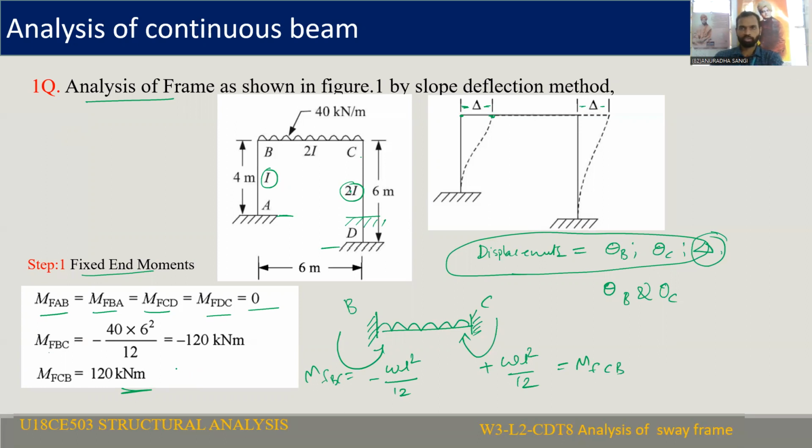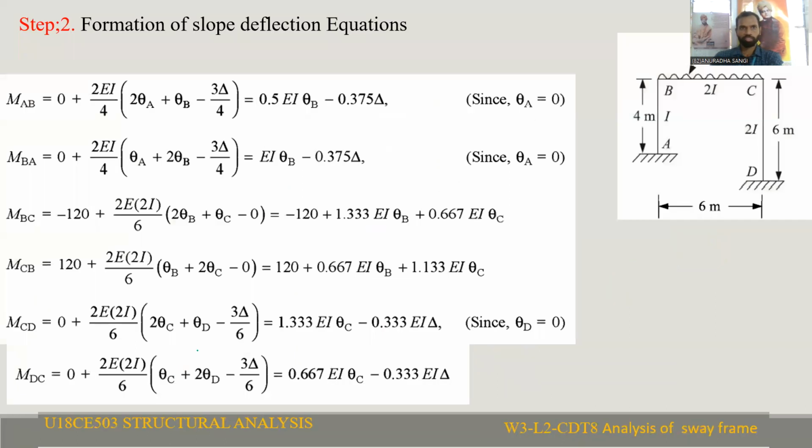The second step of slope deflection method of analysis: formation of slope deflection equations. So if you observe the given figure, this is a fixed support. For fixed support, theta A is equal to 0. At A, fixed support, theta A is 0.